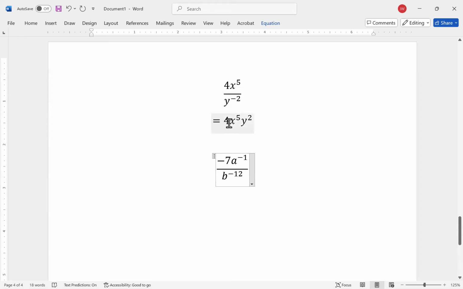Now there's no other simplifications I can do. 4 times x to the 5th times y squared would be my final answer. All of the exponents that you see there are positive, and therefore we're done.